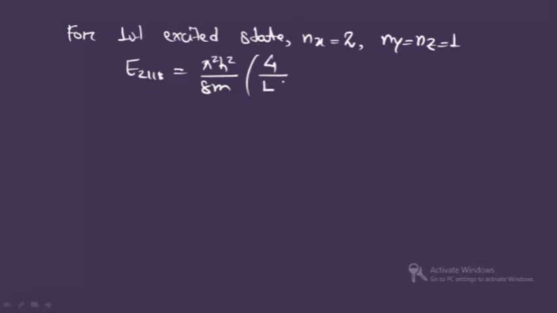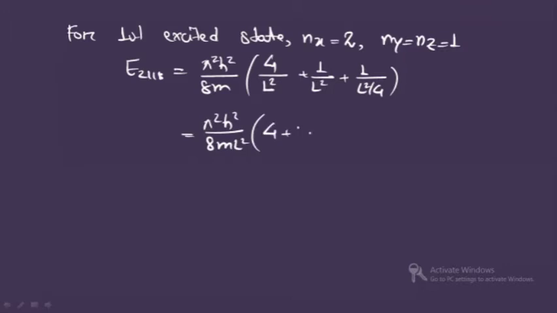Here you will have L square plus 1 by L square plus you will have here 1 by L square by 4. Clear? Because it was L by 2 whole square. So you will have pi square h cut square by 8m L square, I have taken L square common. Here you will have 4 plus 1 plus 4. So ultimately it is 9 pi square h cut square by 8 m L square.